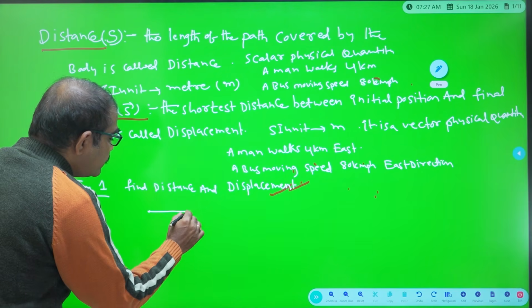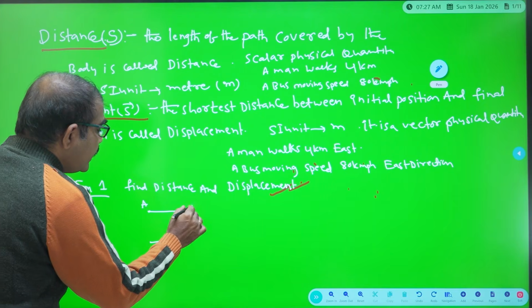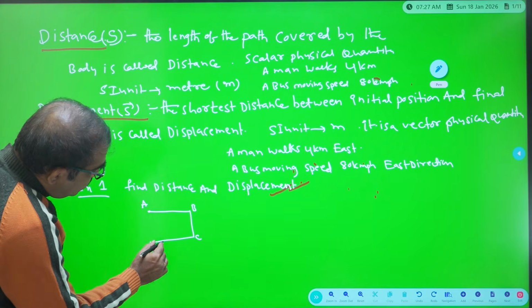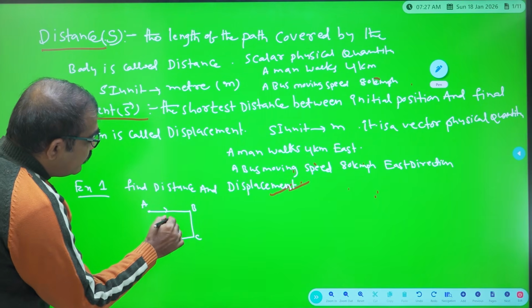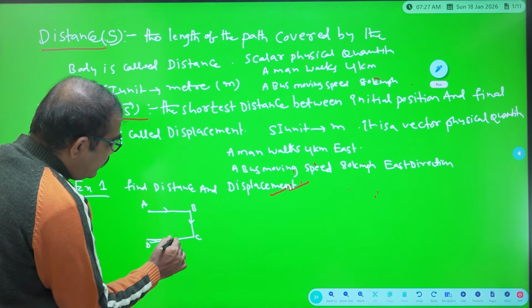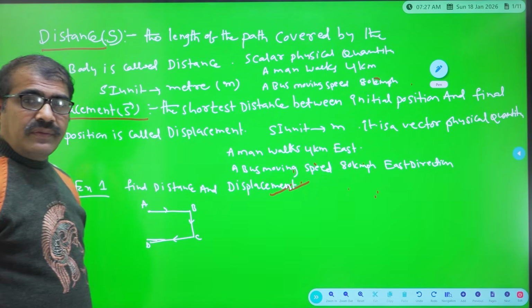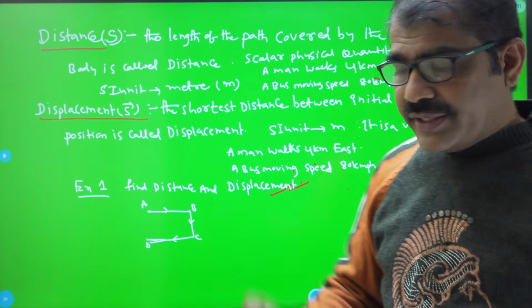This is A, this is B, this is C, this is D. The body is moving from A to B, then after B to C, then after C to D. Find the distance and displacement.